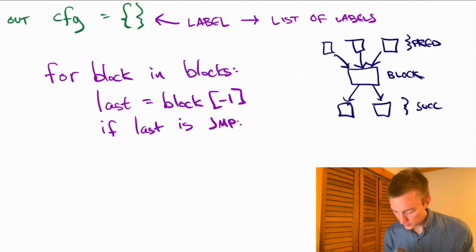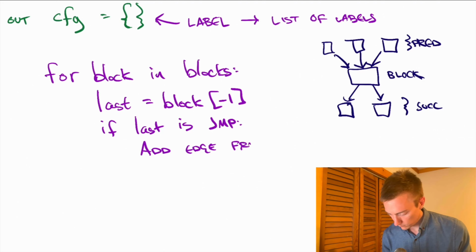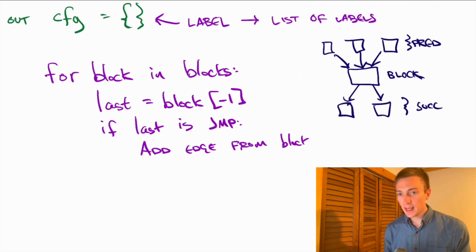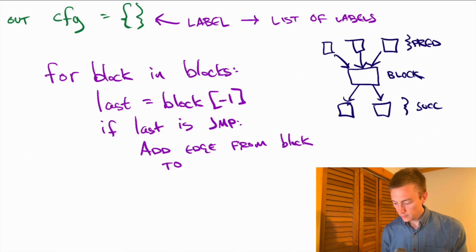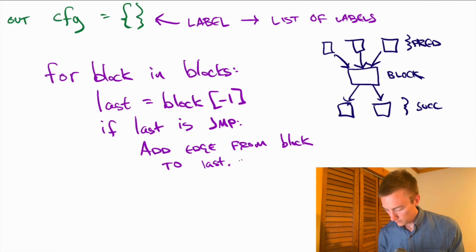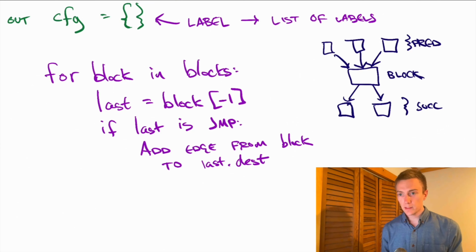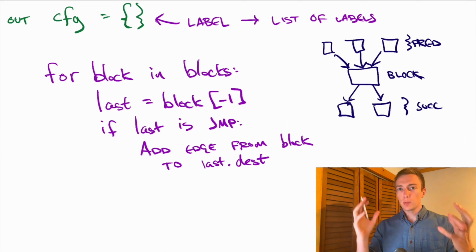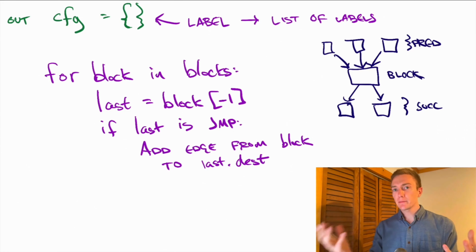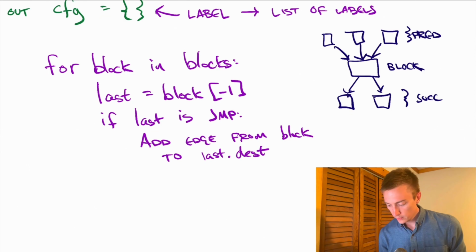So the thing we'll need to do is just add an edge to the graph that goes from the current block that we're processing to the destination of that jump. I'm glossing over a little bit here because I'm not managing the distinction between blocks and the labels they're associated with, but I hope you can forgive me that we can just merge those two things together in a real implementation.